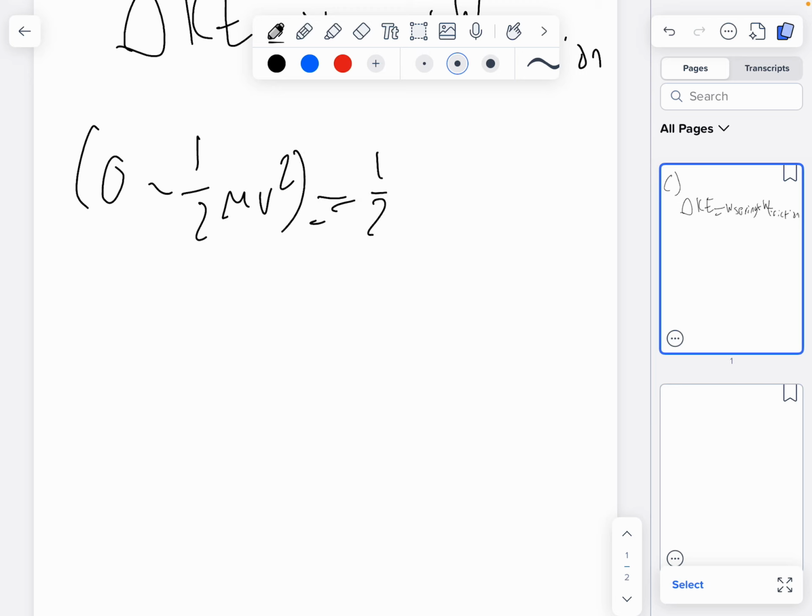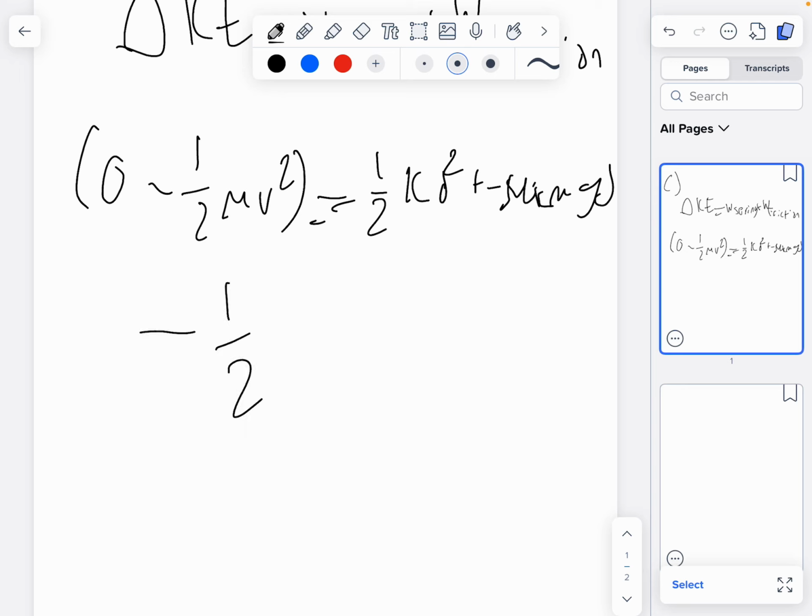Negative 1/2 kd squared plus negative friction work. These are all just things we've done before. And then you're going to get negative 1 over 2 mv squared equals negative 1/2 kd squared minus this.